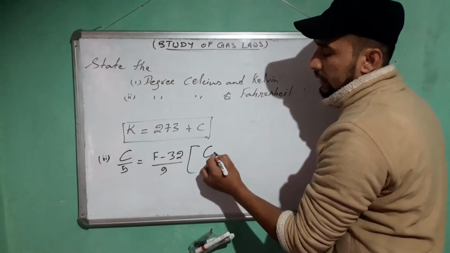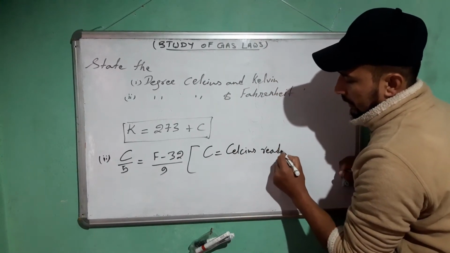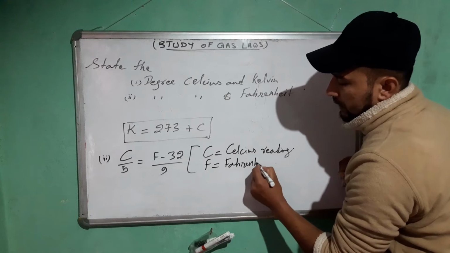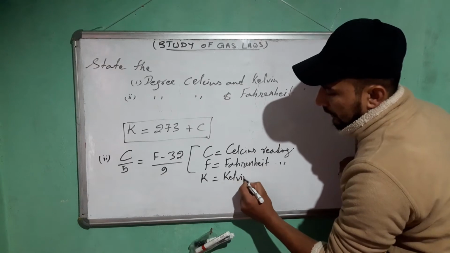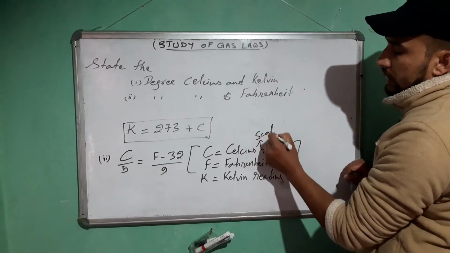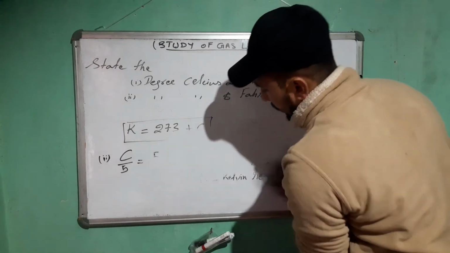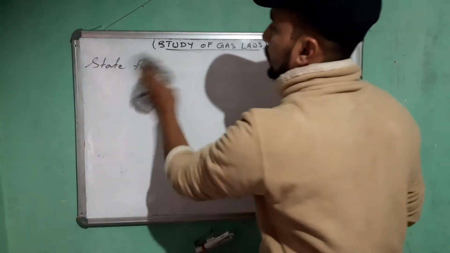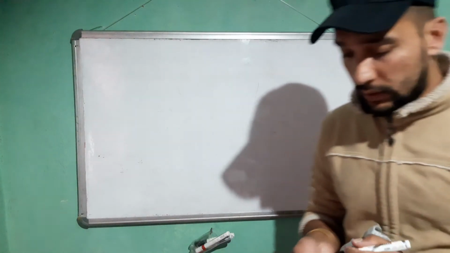C stands for Celsius scale reading, F stands for Fahrenheit scale reading, and K stands for Kelvin scale reading. So relation between Kelvin and Celsius is K is equals to 273 plus C, and degree Celsius and Fahrenheit is C by 5 is equals to F minus 32 by 9.